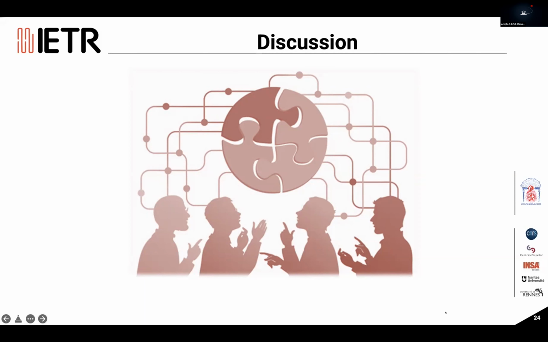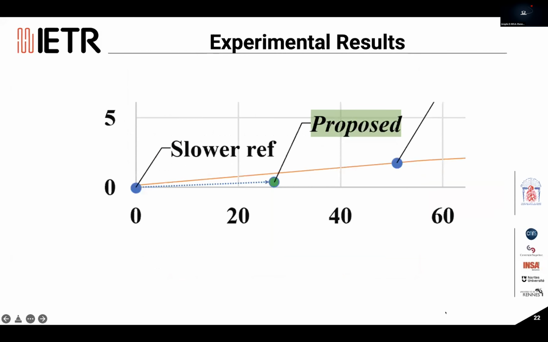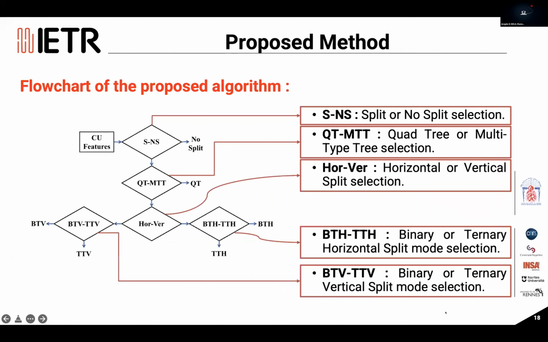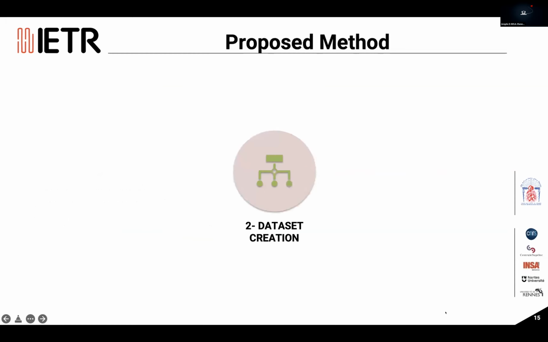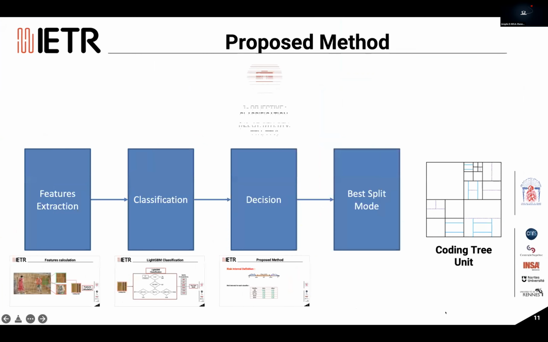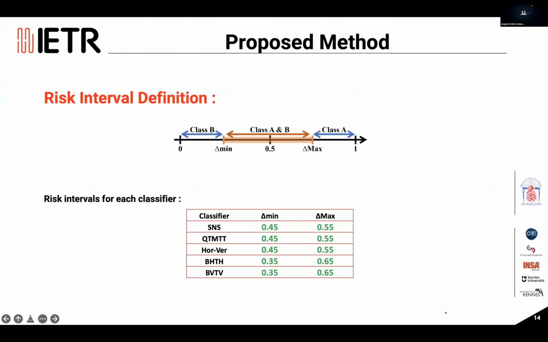So the delta that you have chosen, is it the same to discriminate all classes, or do you have a specific delta between different pairs of classes? We have different values for each classifier, as we can see here in this table. Yes, for the first three classifiers we have different values. Yes, thank you.